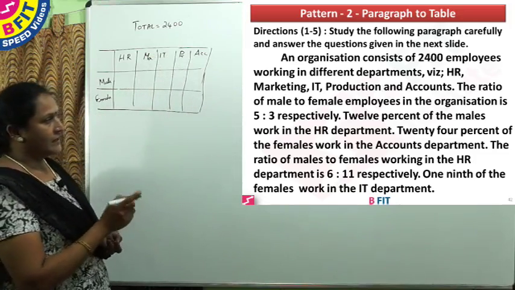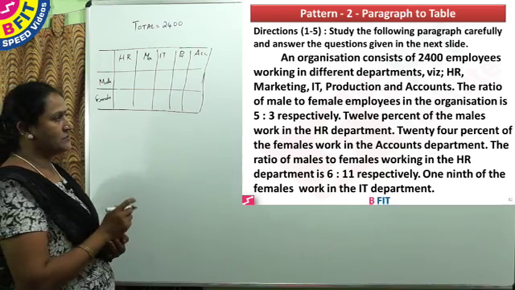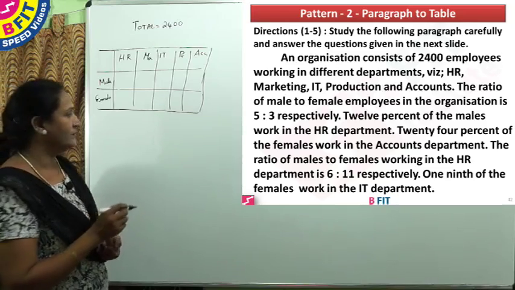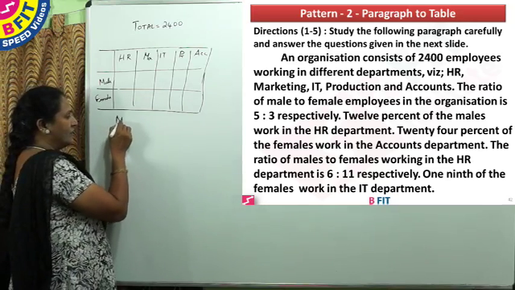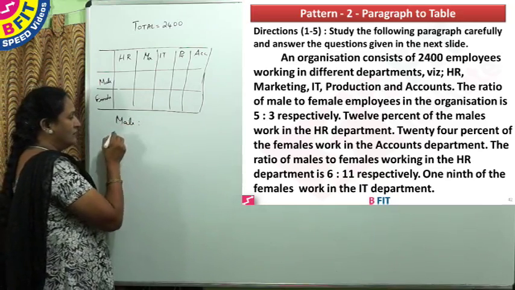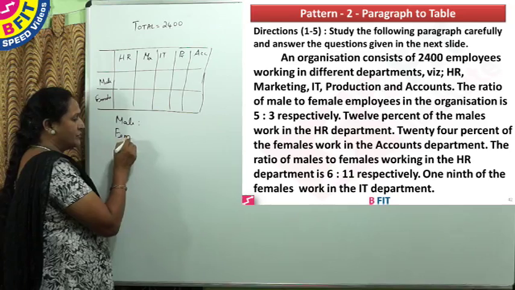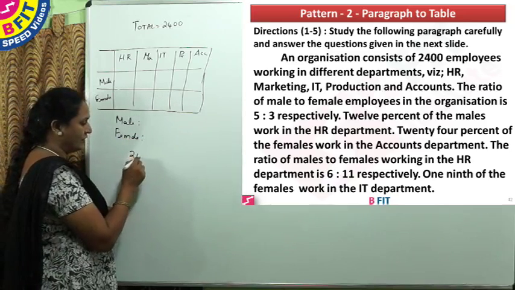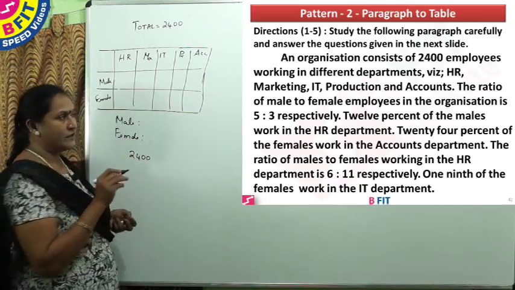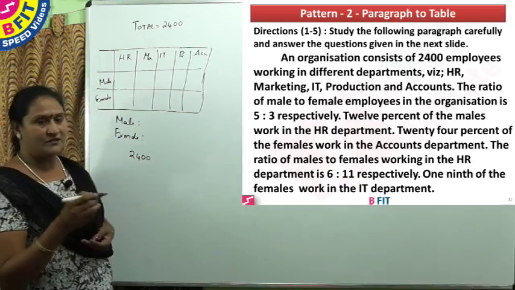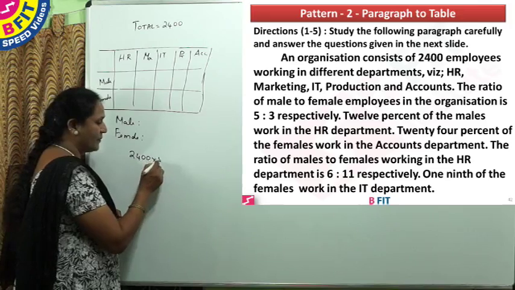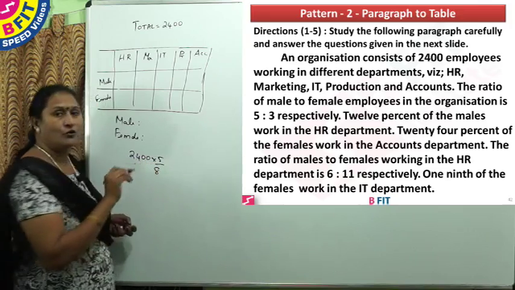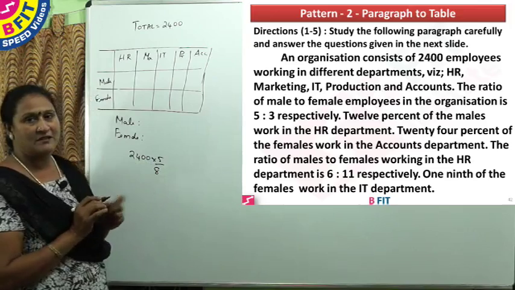Now the ratio of male to female in this organization is 5:3. So we will find the number of male and female using the ratio. Out of this 2,400, the ratio for male and female is 5:3. Total parts 5 plus 3 is 8.